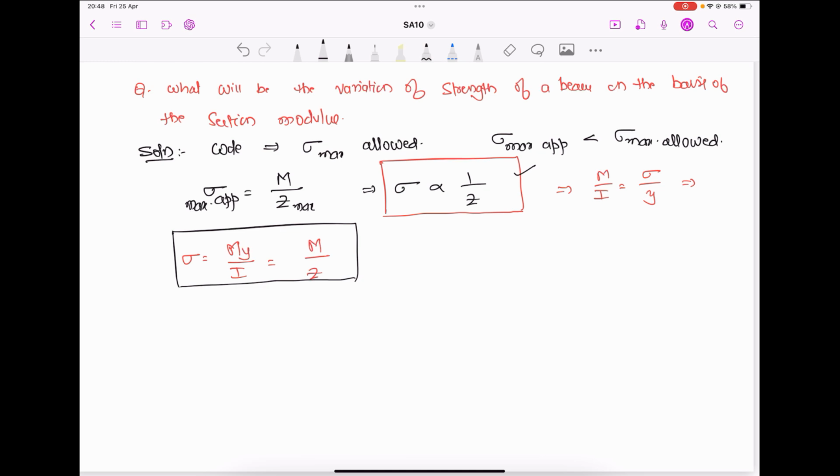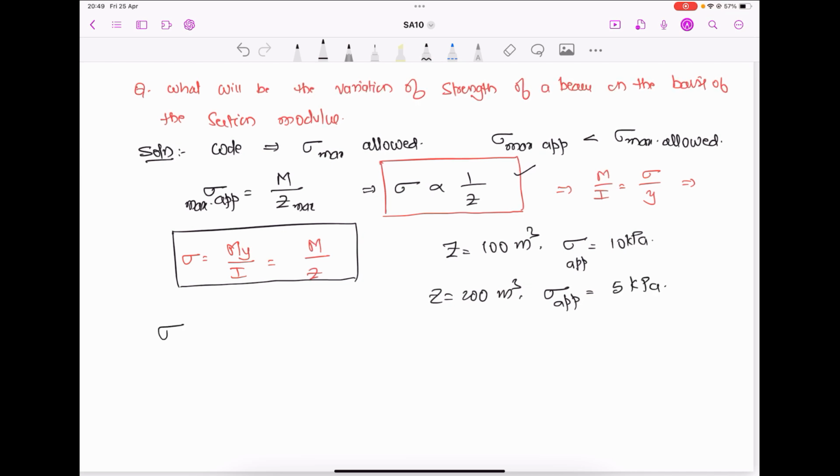For example, my Z is equal to 100 cubic meter. My sigma applied at 100 cubic meter is 10 kPa. This is sigma applied. And if my Z is equal to 200 cubic meter, then sigma applied will be correspondingly reduced. It will become 5 kPa.